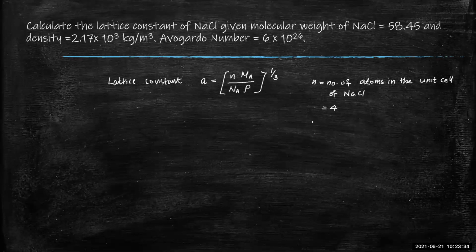And Ma is the atomic mass, given in the problem as 58.45, and rho is the density, also given as 2.17 into 10 raised to 3 kilogram per meter cube, and the Avogadro number is given as 6 into 10 raised to 26.